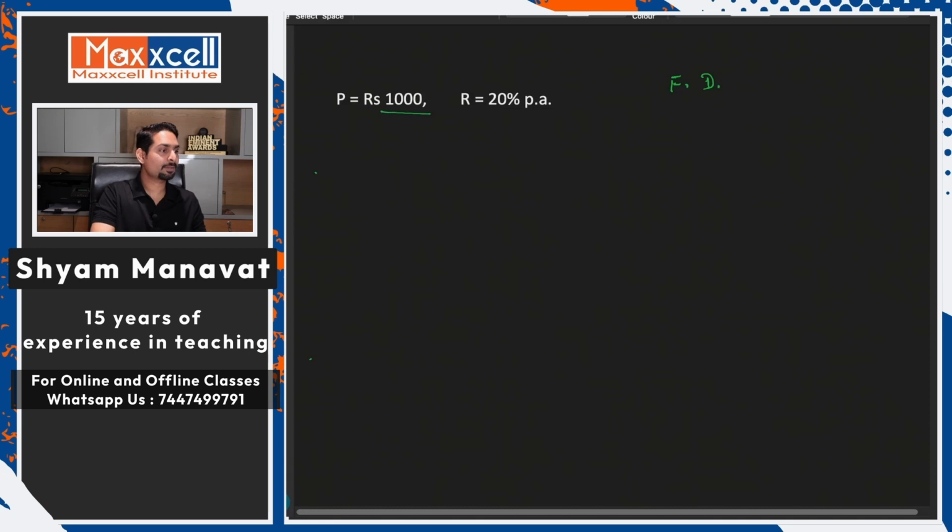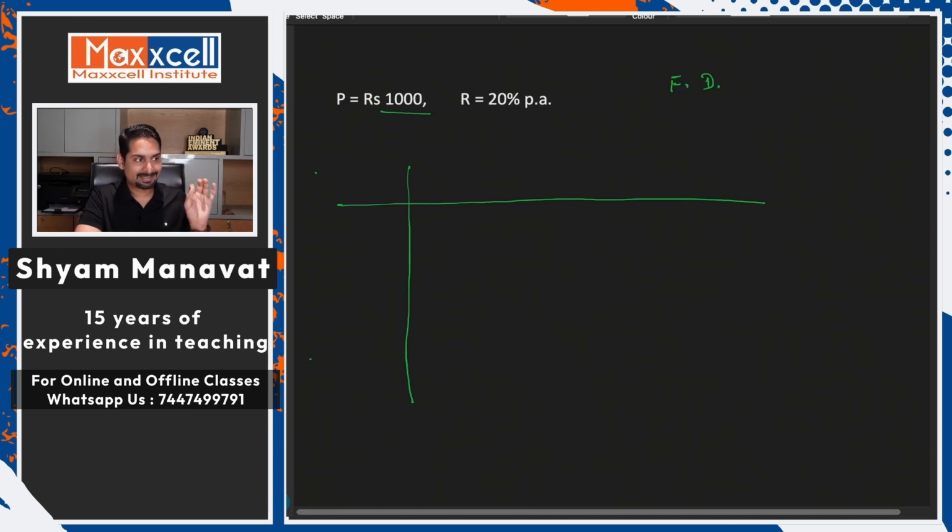Now let's take a case. You invest 1000 rupees at the rate of 20% per annum. Now in this example, apply the concept of percentage. Then I will relate that concept with simple interest and compound interest.